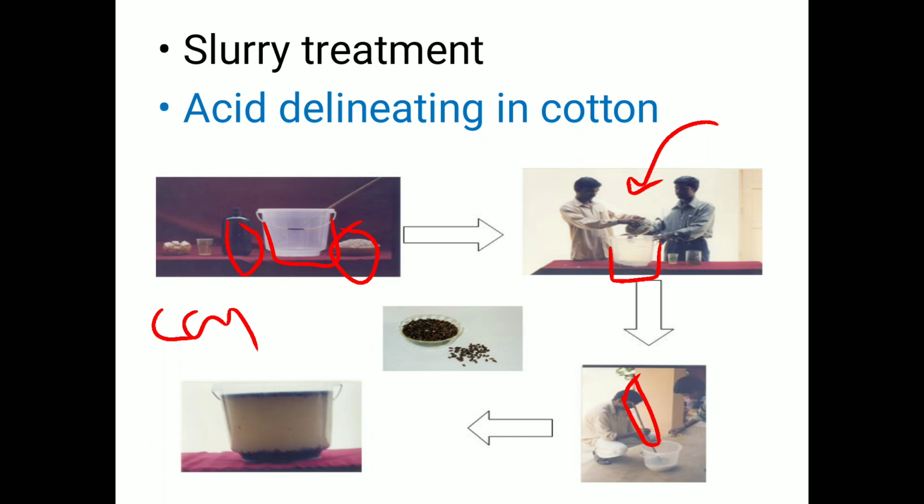After mixing, we keep the seeds as they are in the bucket for 2 to 3 minutes. Within 2 to 3 minutes, the floating material, which contains light seeds, broken seeds or infected seeds, floats over the water or H2SO4 suspension solution, and that suspension is discarded.